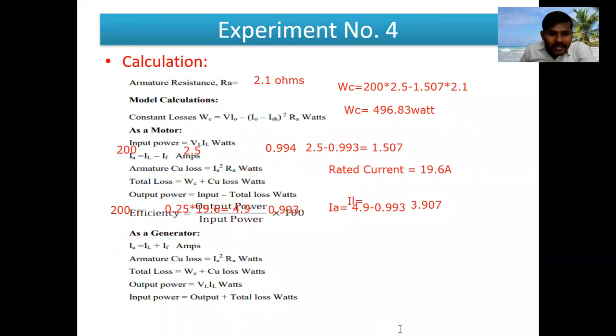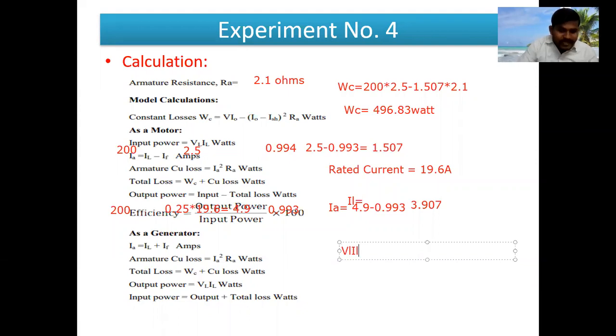VL and IL it is nothing but input power. VL IL it is equal to 200 into 4.9. हे जे काय येईल ती इनपुट पॉवर आहे दॅट इज P इन लिहितो मी. ओके इनपुट पॉवर कॅल्क्युलेट केली.